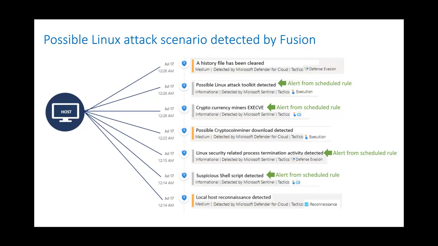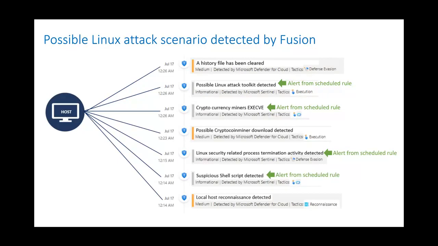And generally the next step attackers take is to try to evade detection by deleting the tracks. The good thing is all these activities are aligned and shared in one Fusion incident through alerts that are detecting such activities.